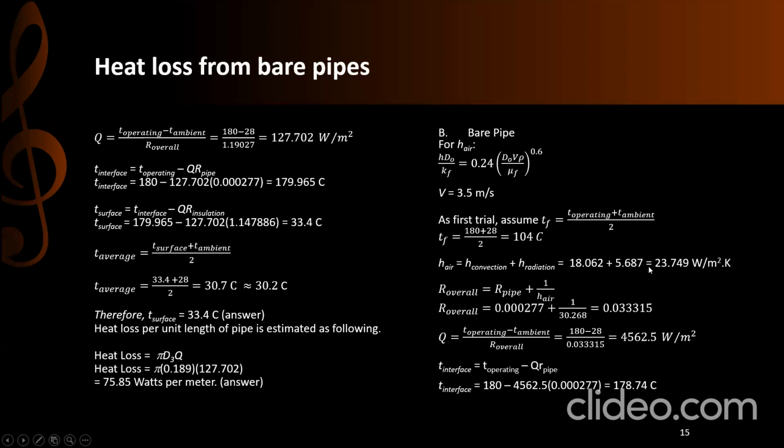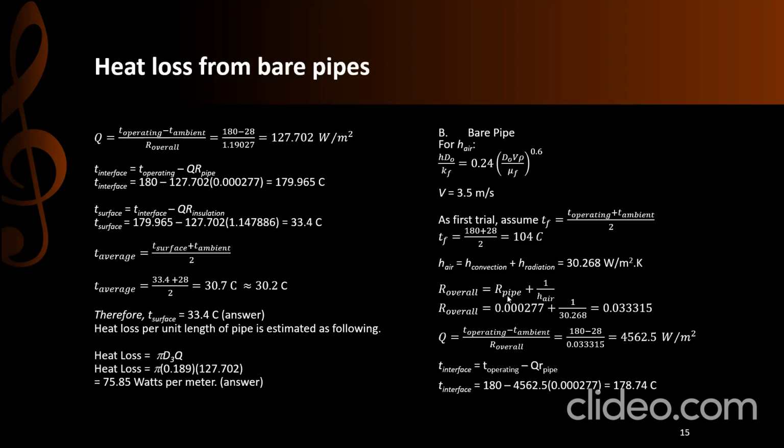Mali, this is different. So, ito pa, 30.268 watts per meter squared Kelvin. Ito yung initial trial natin yan, kasi 104 ang ginagamit natin.